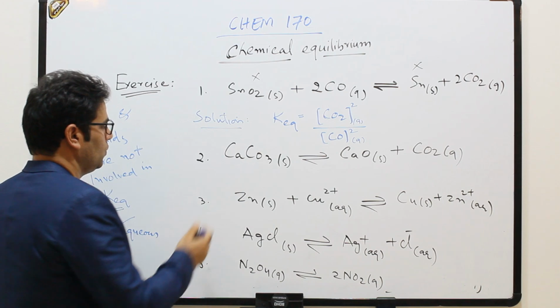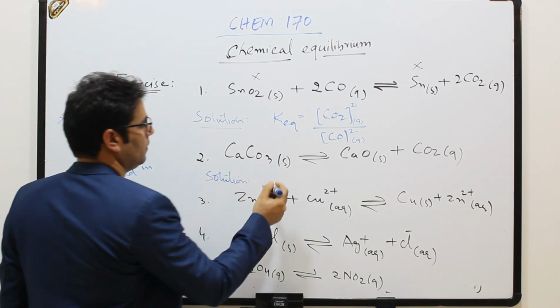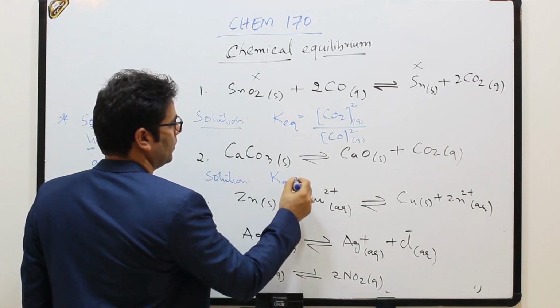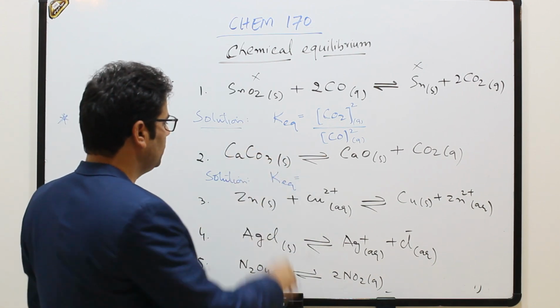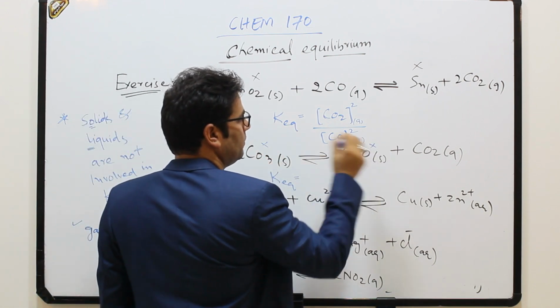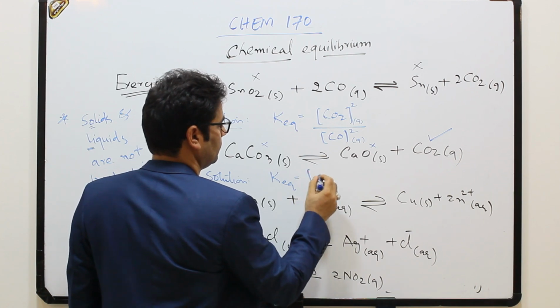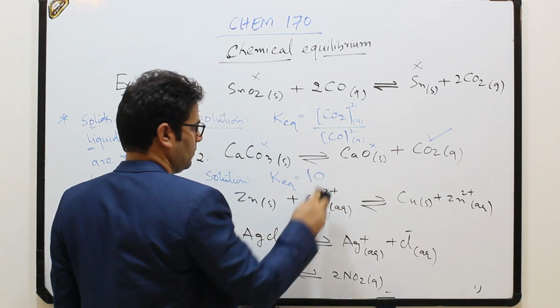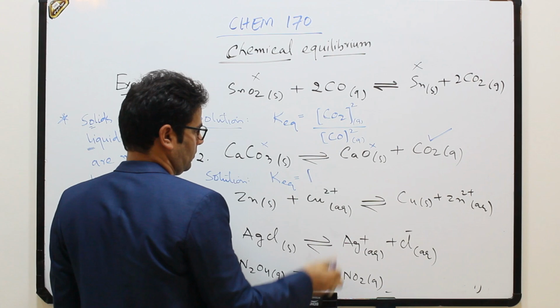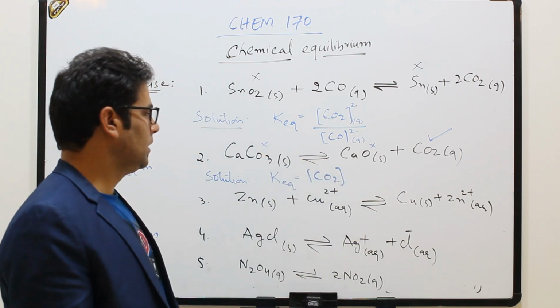Now if I want to find the solution of this equation, what will be the K equilibrium? If you see, this is solid, so it will not be involved, this is solid, it will not be involved, only this one, so it will be equal to this.